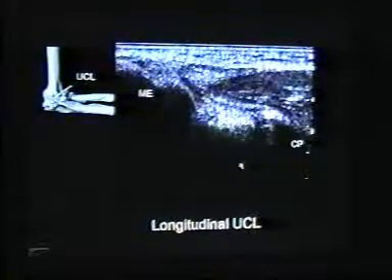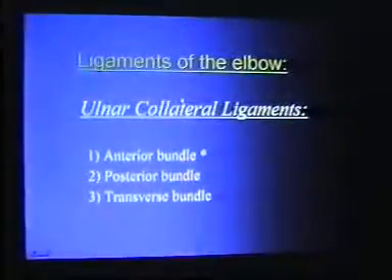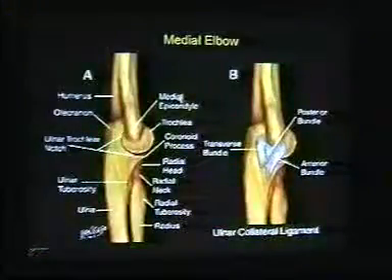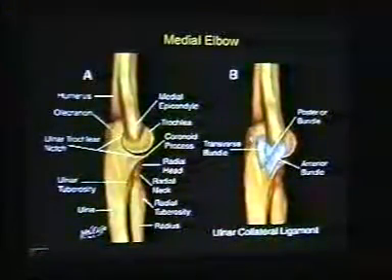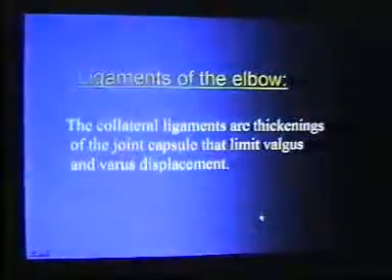Here is the ulnar collateral ligament, longitudinal view. Here you can see that. The ulnar collateral ligament has an anterior bundle, posterior bundle, and transverse bundle. And here are those bundles, three types of bundles in the ulnar collateral ligament.